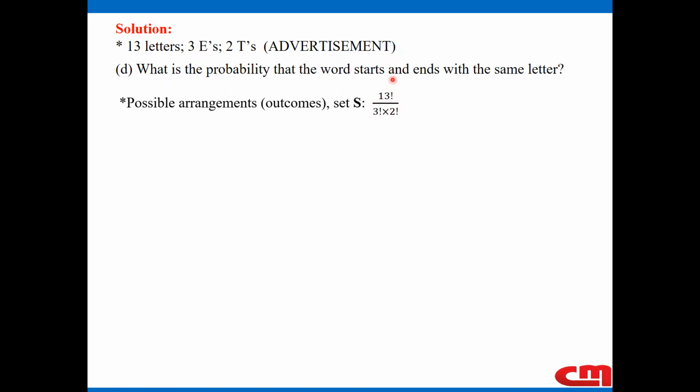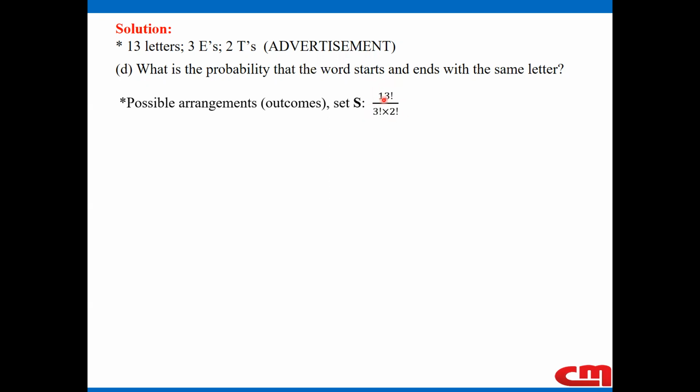This is what you should always know, that if you are given any word, if you are to arrange it, if there are no repeating letters, then it's simply the number of letters factorial. If there are repeating letters, you make sure that the numerator is the number of letters factorial over the letters that are repeating.